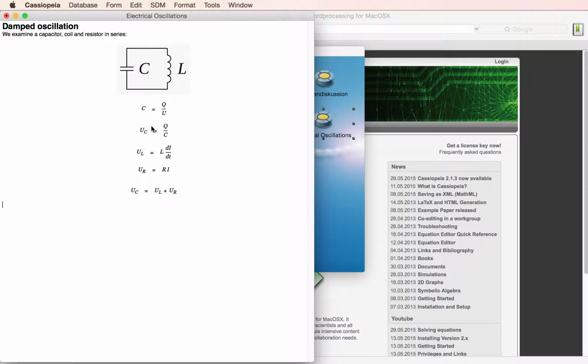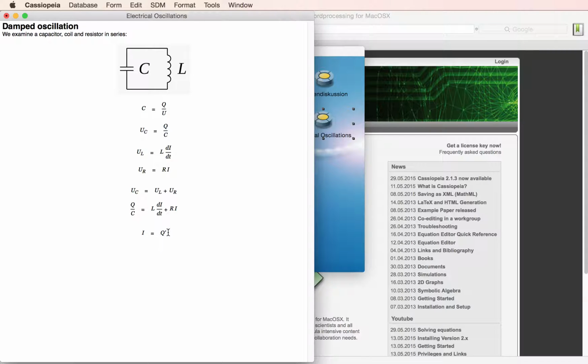We can now simply drag all these guys into this equation and get this one. Now we have Q and I. There's a relationship between the two, which is I is Q dot, the first derivative of Q.